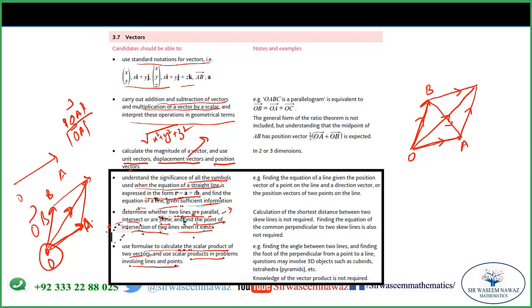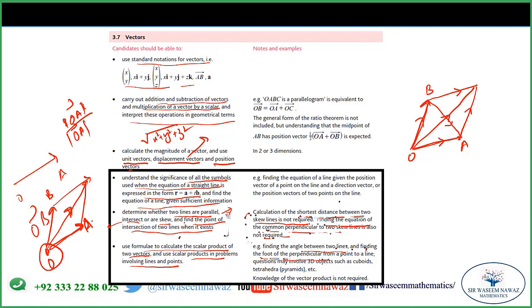In this, it is given that we should know the shortest distance between two skew lines. Not required, we haven't done it. Finding the equation of the common perpendicular to skew lines, we have not done. We have just seen how to find the shortest distance between parallel lines and non-parallel lines, but we have not discussed skew lines. Finding the angle between two lines, yes, you have seen how to find the angle between them.